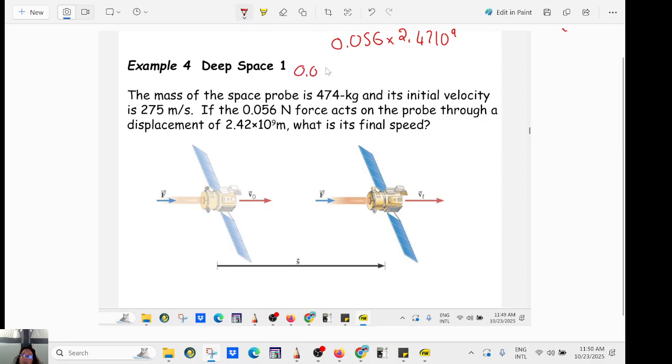So 0.056 times 2.42 times 10 to the 9 equals 0.5 times the mass, times v squared minus 275 squared.